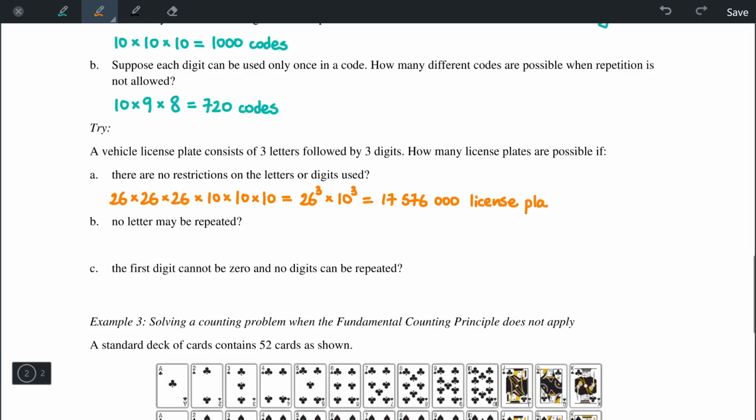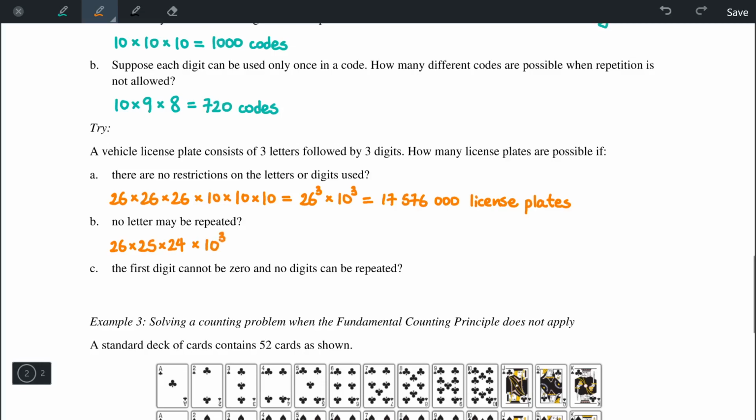Okay, so now we can add in some restrictions. Let's say the letters cannot be repeated. Then it's very similar to what we saw from above, and that is we have 26 letters for the first spot, 25 remaining letters for the second spot, and then 24 letters left for the third spot. And then for the digits, there are no restrictions, so we can simply multiply by 10 to the third power here.